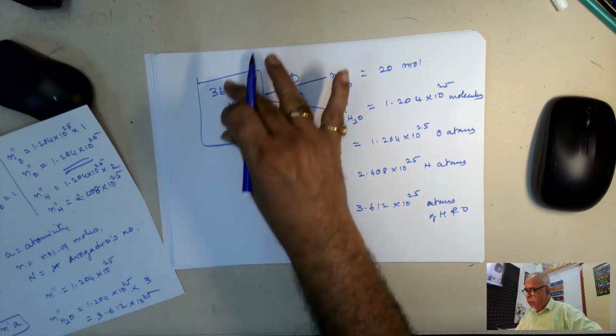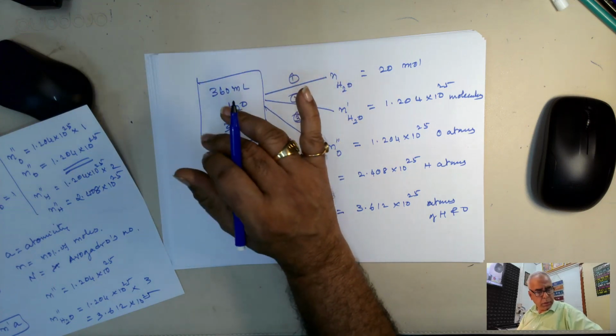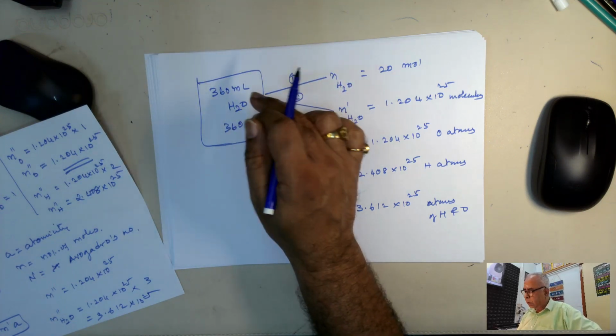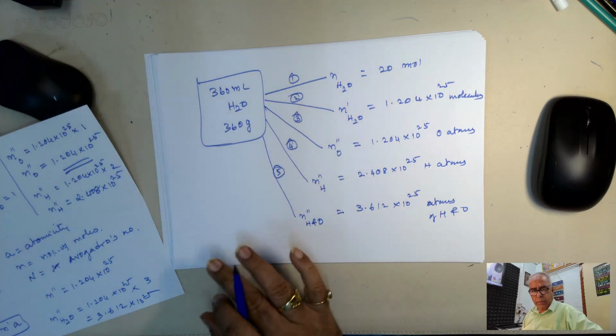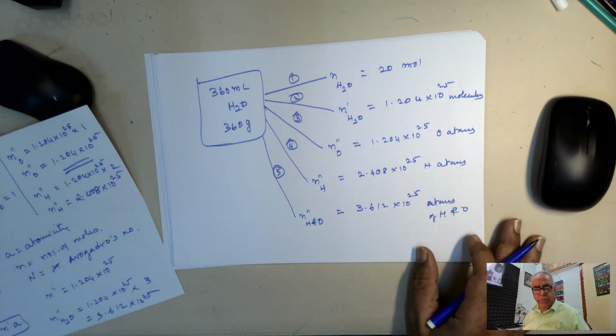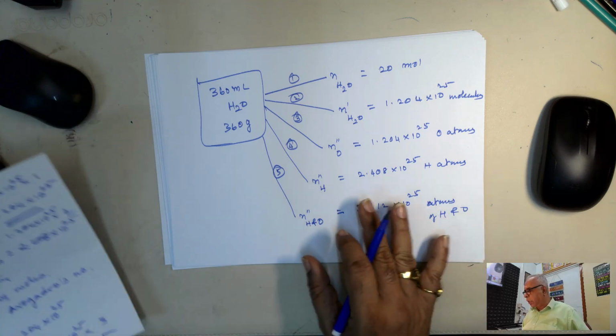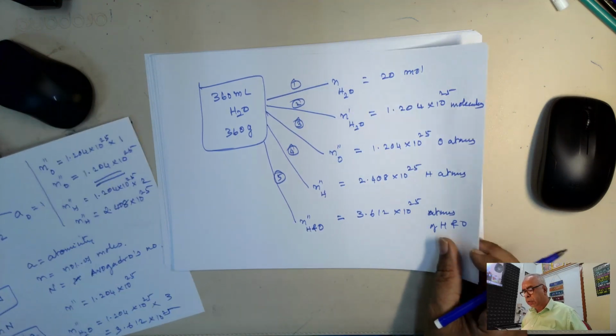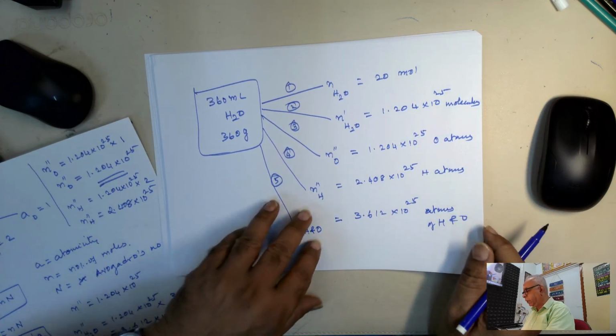Got it? Why are these two equal? Because the density is 1. Okay? Right. I hope now this point is very, very clear to you. Any doubt? I will try to give you some worksheet, try to work it out later. Okay? Right.